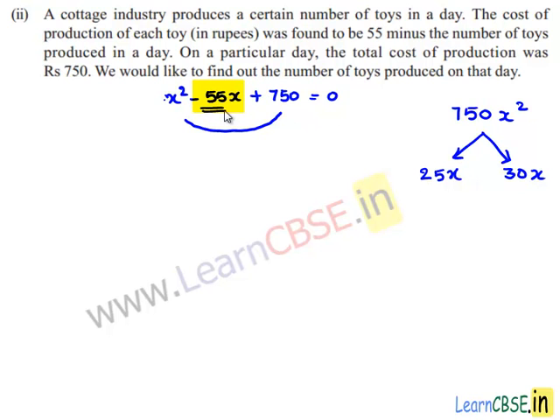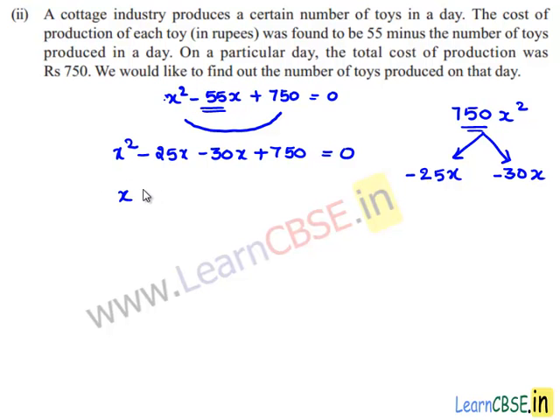Here we have minus 55x. So if we put a minus sign here, we get the sum as minus 55x and the product as 750x square. So minus 25x and minus 30x satisfy both the conditions. So we can replace minus 55x with minus 25x and minus 30x, plus 750 is equal to 0.